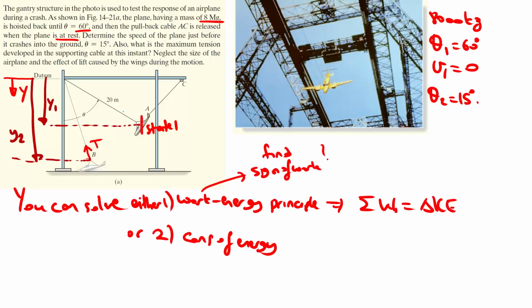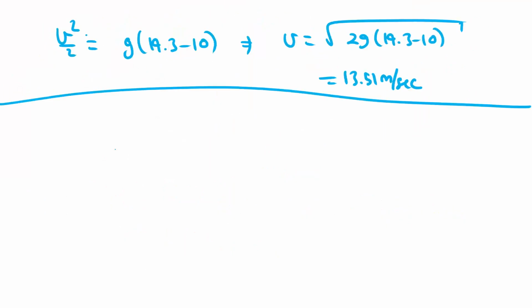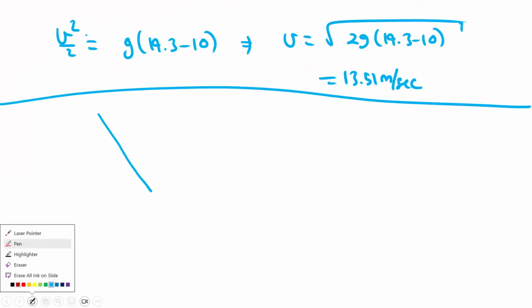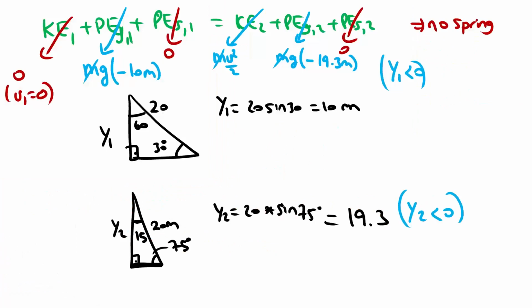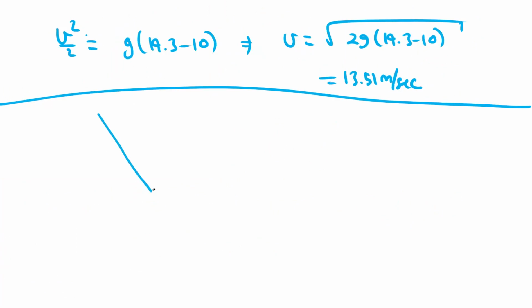Part 2 asks what is the tension in the cable. So this is the cable, and then we have an airplane here. Something like this.